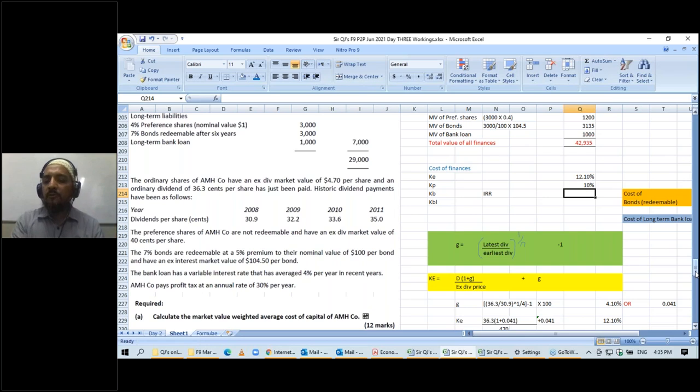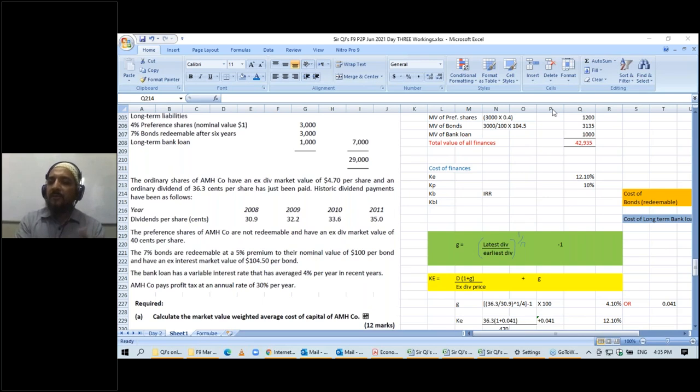Okay, now cost of the bond. If the bonds are redeemable, like in 5 years time, 4 years time, then you have to calculate the IRR of the bond. If irredeemable, the interest times 1 minus tax divided by market value, like preference shares.